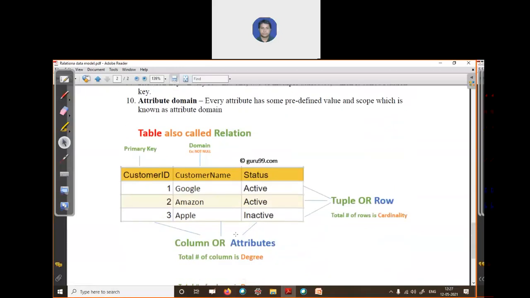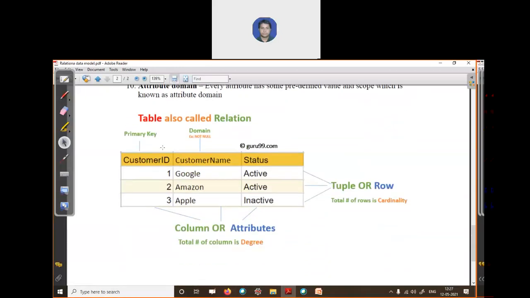Now you can see there is one table, and this shows the attribute names or column names, the table heading, and these are the records, or tuples.